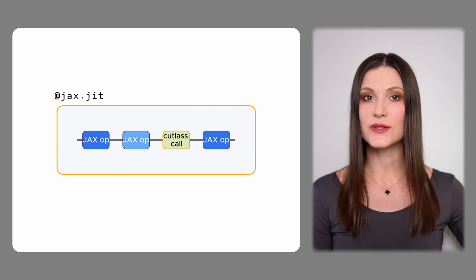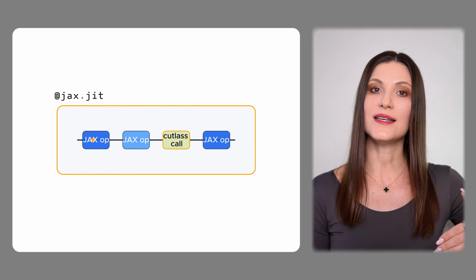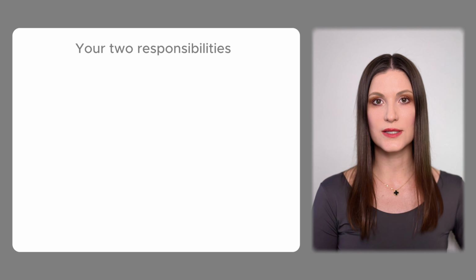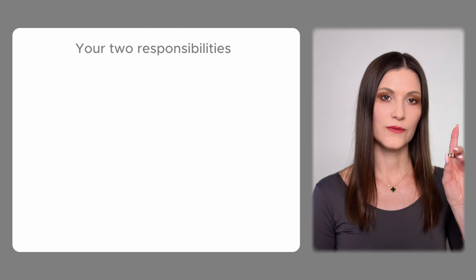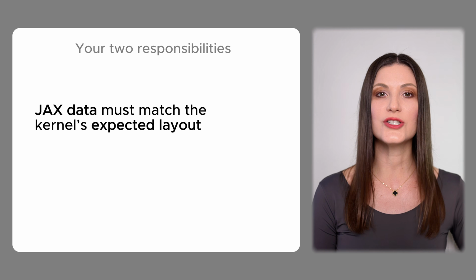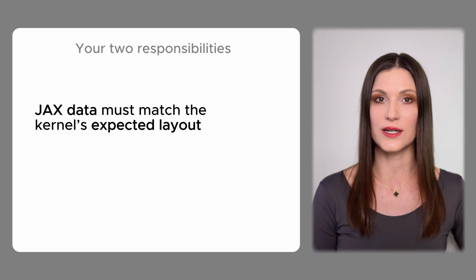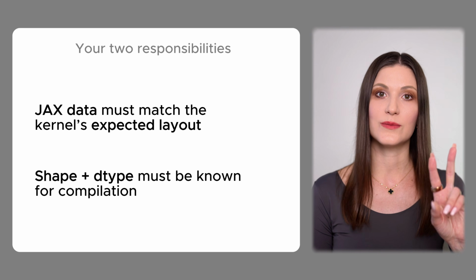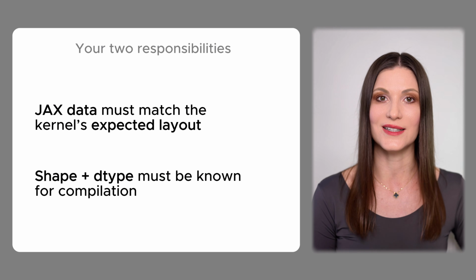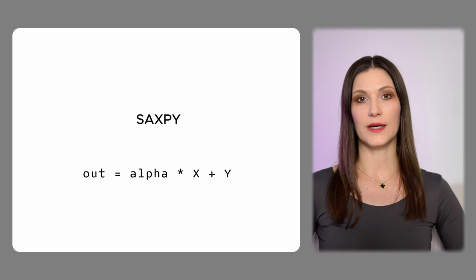You can combine it with other JAX ops, and XLA will schedule it as a part of the compiled program. The two recurring responsibilities you take on are: first, make sure your kernel's expected tensor layout matches how you present data from JAX. And second, provide correct output shape and dtype so compilation is well defined. Once you get those right, everything else becomes repeatable. Next, SAXPY.